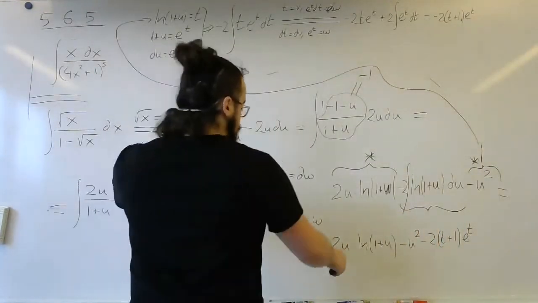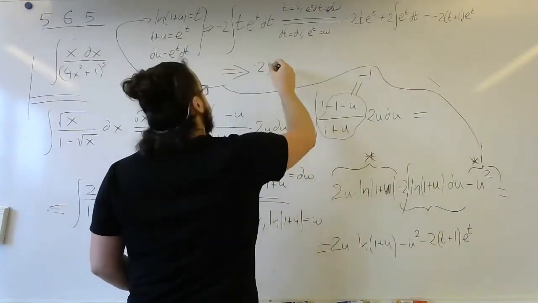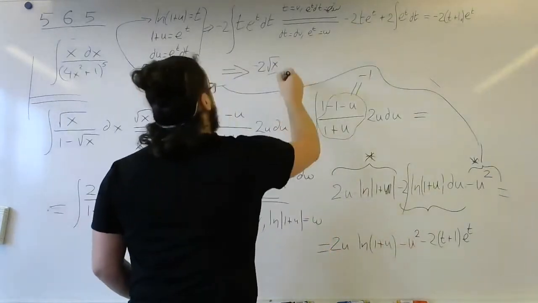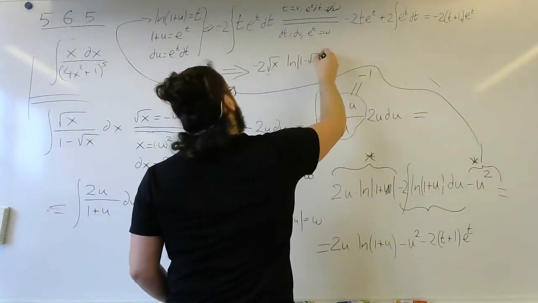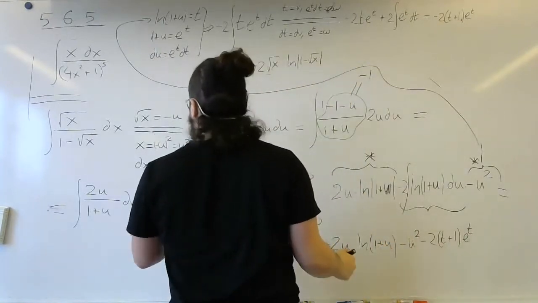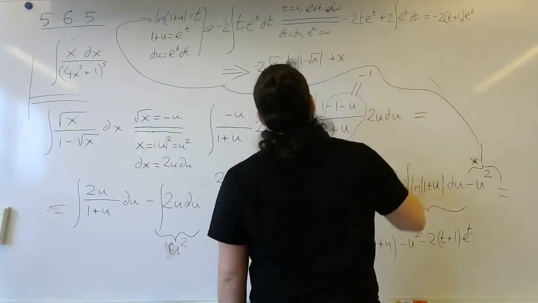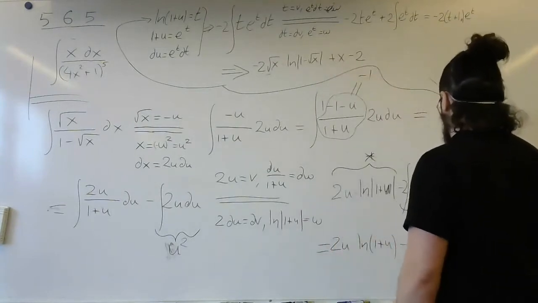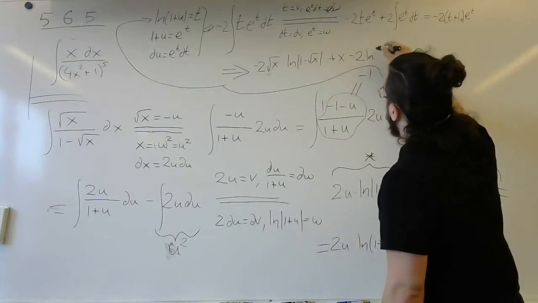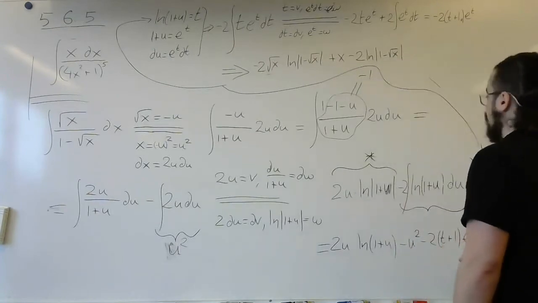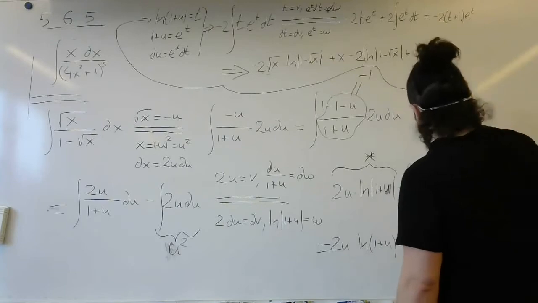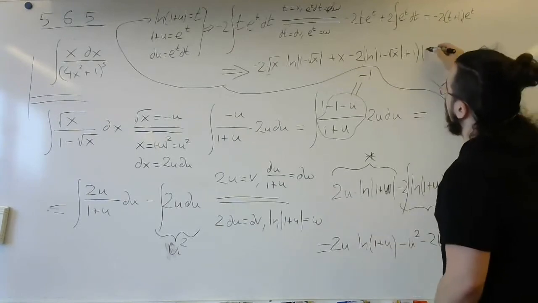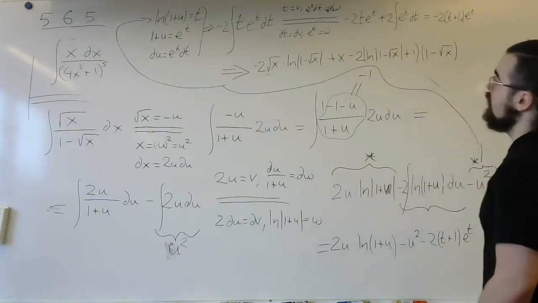So with square root of x equal minus u, this is minus 2 square root of x times logarithm, minus u squared plus x and minus 2 logarithm of 1 plus u plus 1 times e in power t, which is 1 plus u. 1 plus u is 1 minus square root of x.